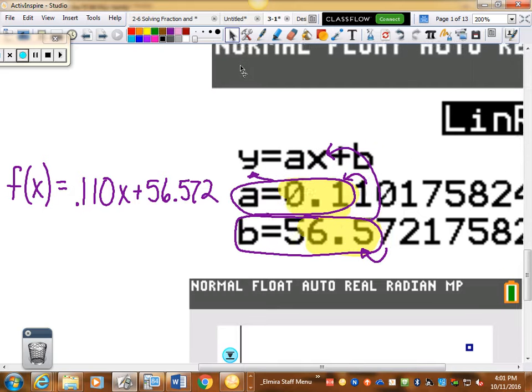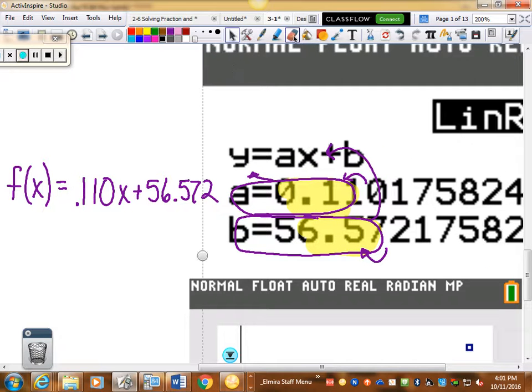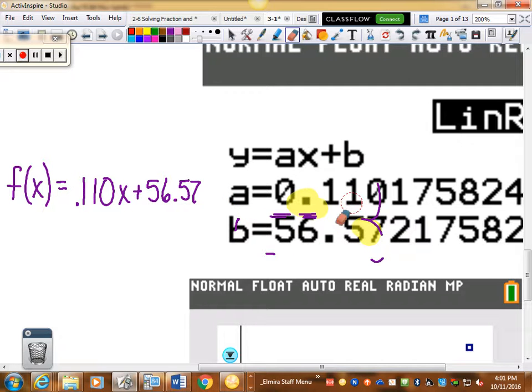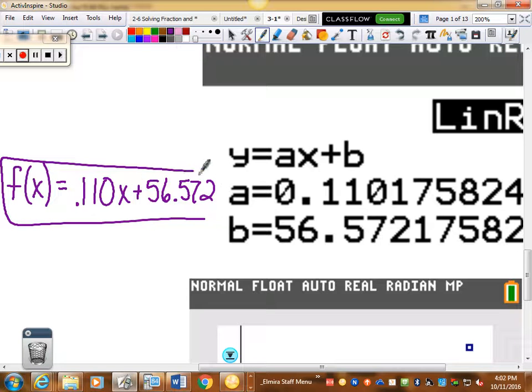Let's move it over. This is my linear regression equation.